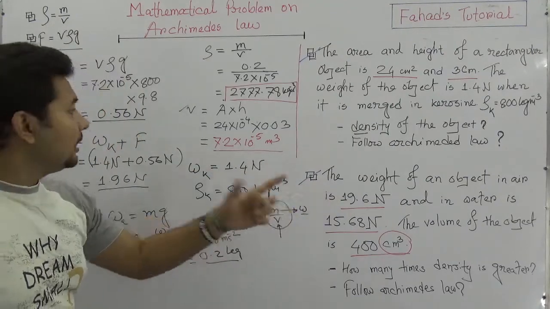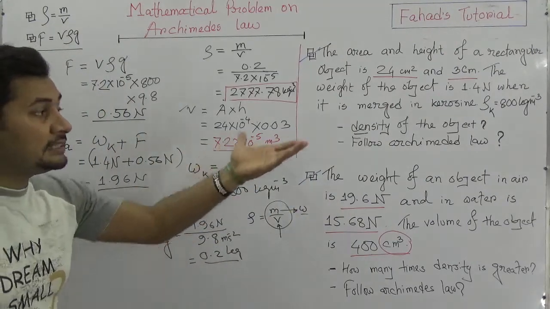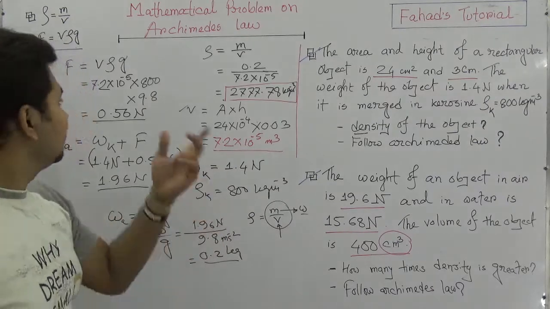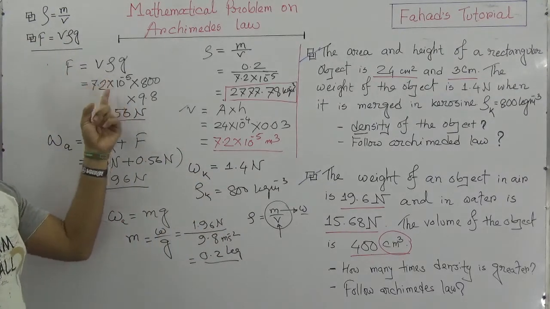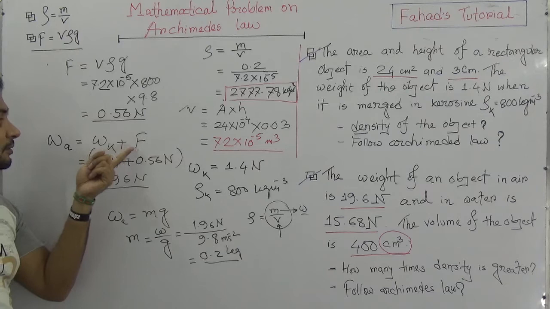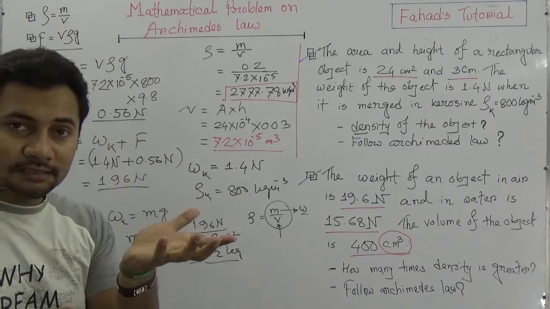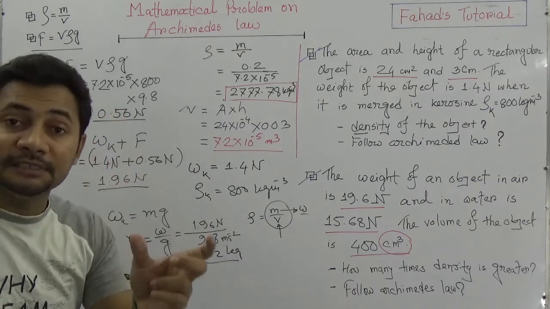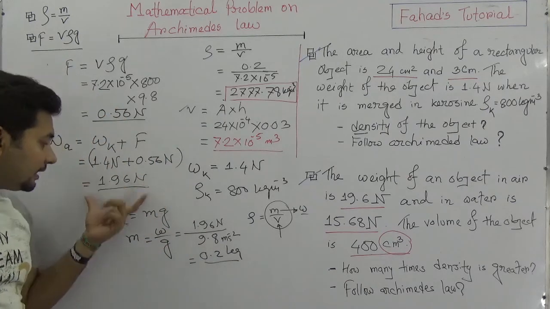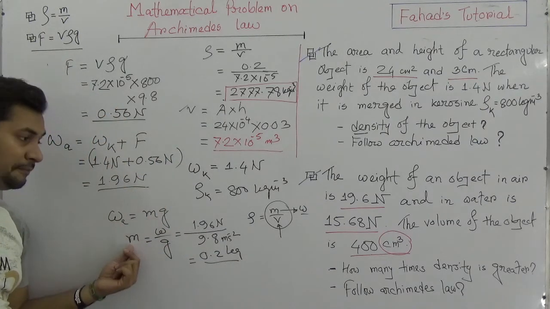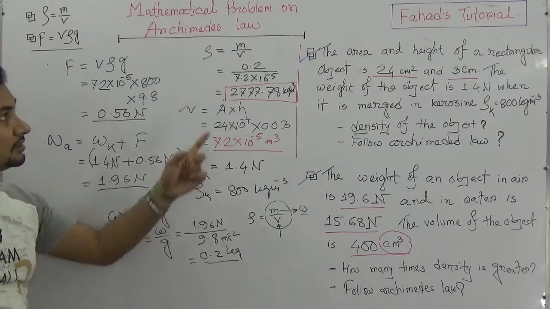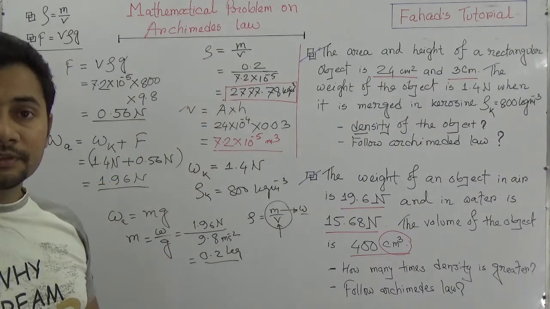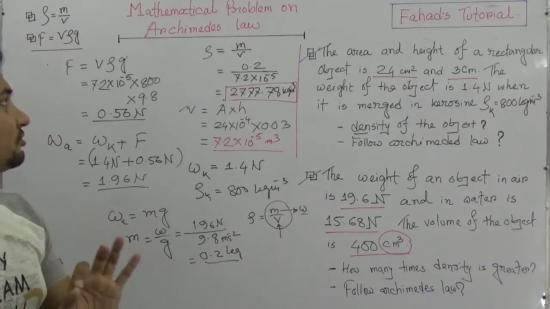To find it, what is the process? What is the data you have in your hand? You got buoyancy, and from that you got the lost weight. Then you got the weight of the object in air, and from that you got m, and that m was used to get rho. So that is very easy.